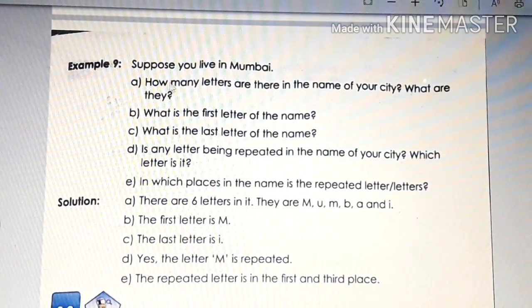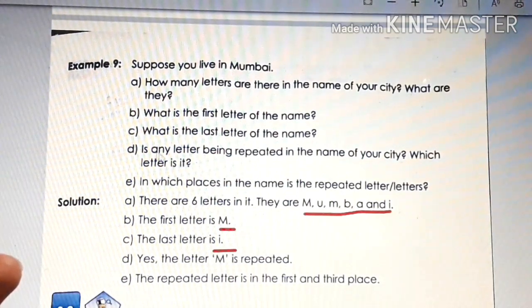Suppose you live in Mumbai. How many letters are there in the name of your city? What are they? So there are 6 letters and they are M, U, M, B, A and I. It is very easy, children. You can do this all. So what is the first letter of the name? M. What is the last letter?